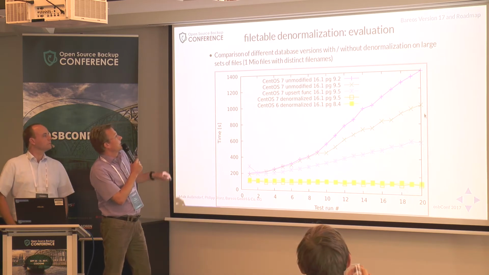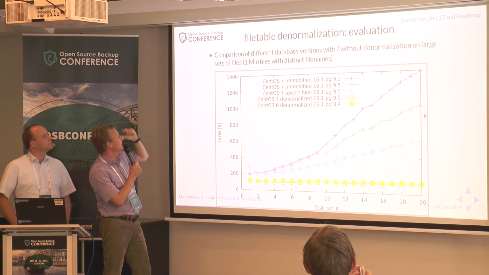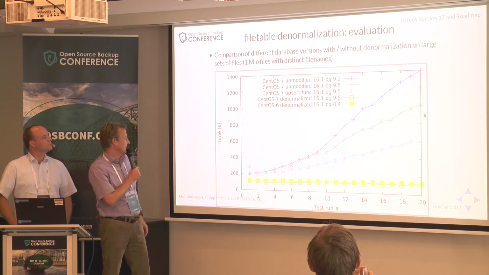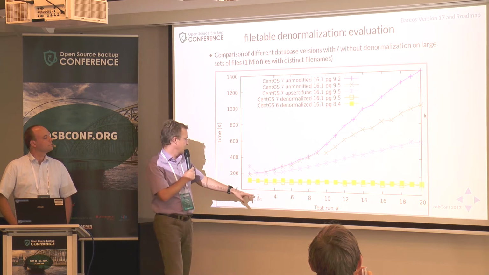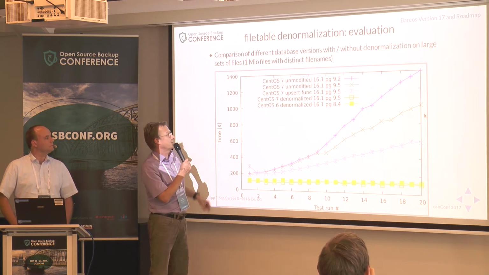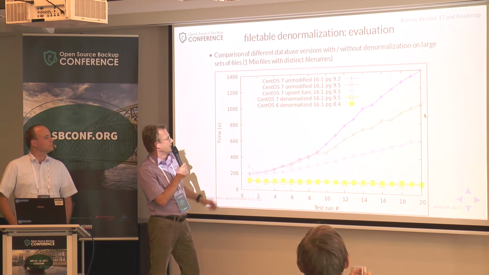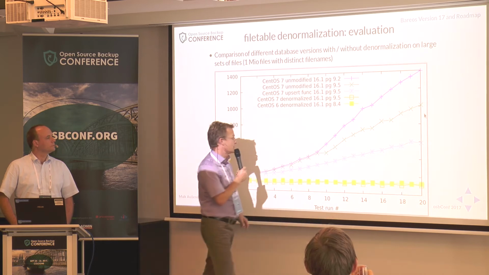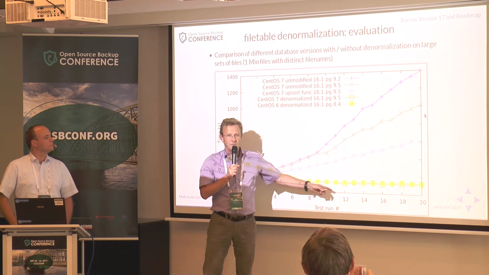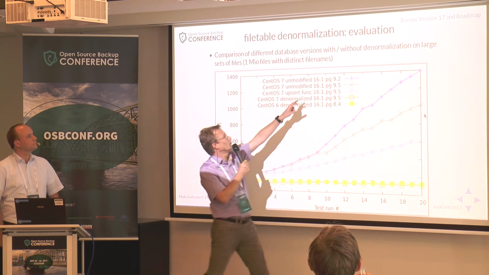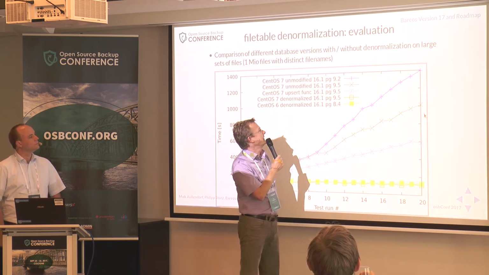These were some tests with sets of 1 million distinct file names. This is the number of the consecutive runs, and this is the time it needs for the run. The highest curve here shows how time increases every time new files get in, with BAREOS 16.1 and Postgres version 9.2.